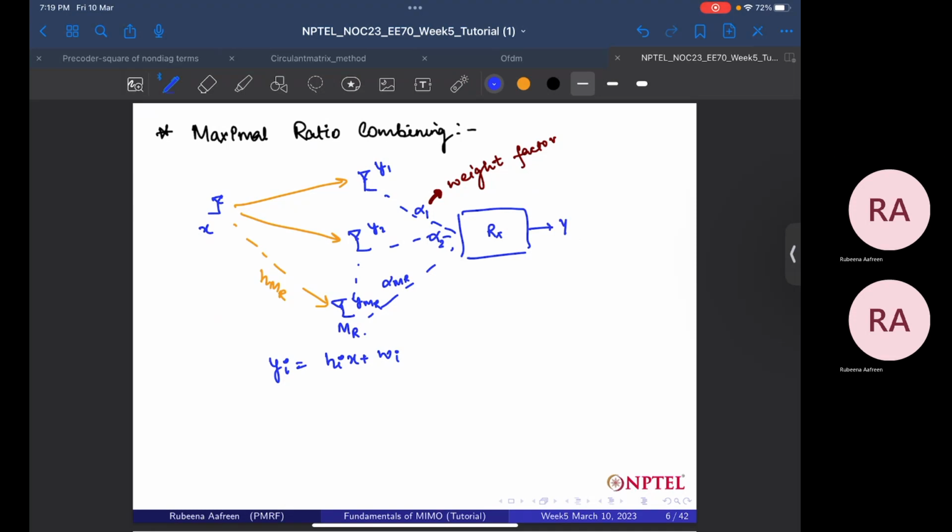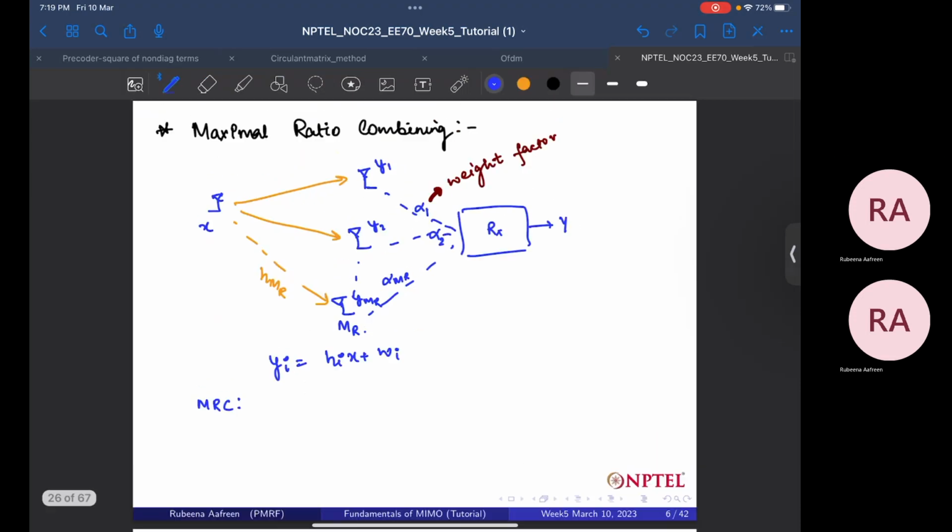So for MRC, this y is the summation from i equal to 1 to MR of alpha i into HiX plus Wi.